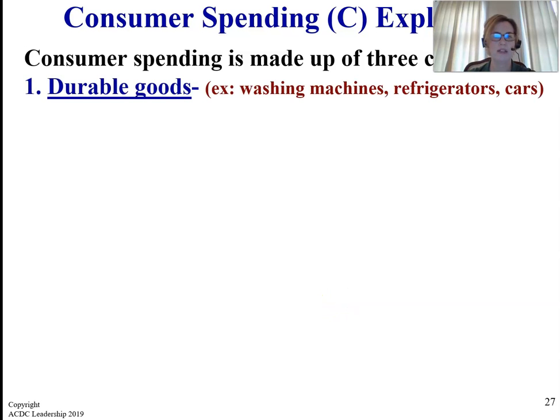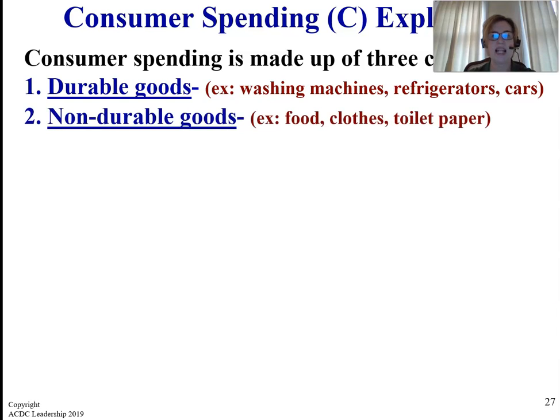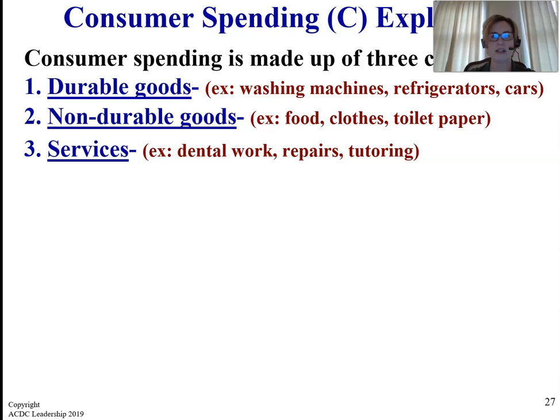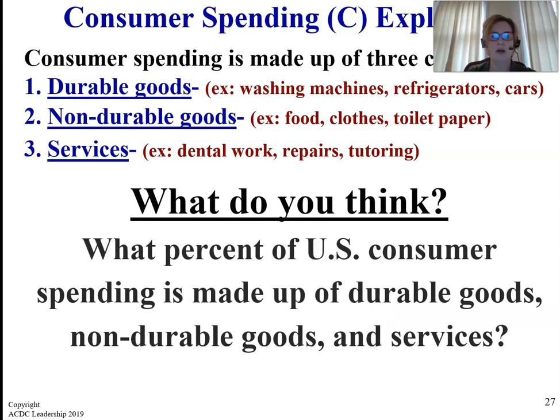Consumer spending is made up of three components: durable goods such as washing machines and refrigerators, non-durable goods like food and clothing, and services, going to the dentist, auto repairs, tutoring. What percent of U.S. consumer goods is made up of durable goods, non-durable goods, and services?